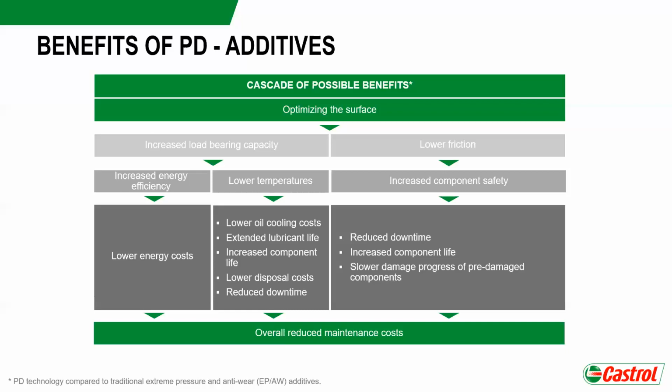If you reduce the oil temperature by roughly 10 degrees Celsius, you're going to roughly double your oil lifetime, just talking about the oxidation of the oil itself. You increase also your component life. Just think of rubber components, all your seals, for example. They're also very depending on temperatures, and an increase in temperature also lowers their lifetime.